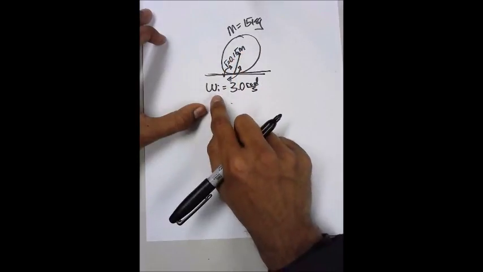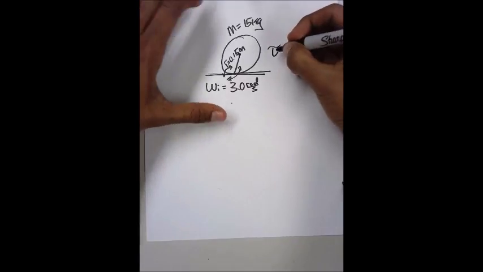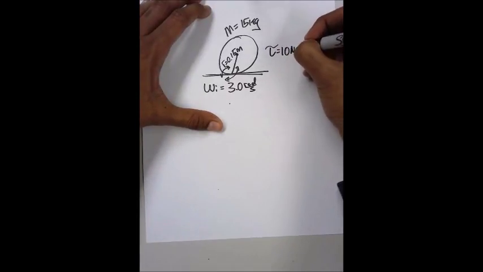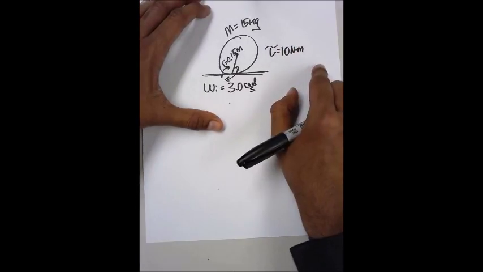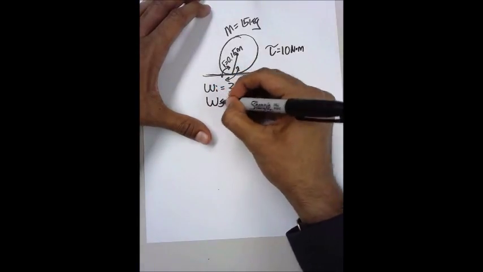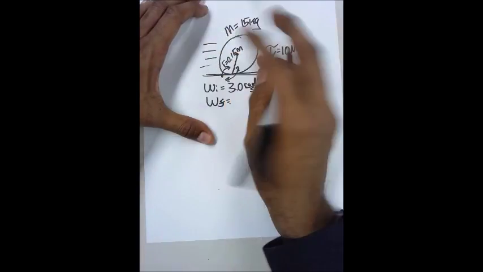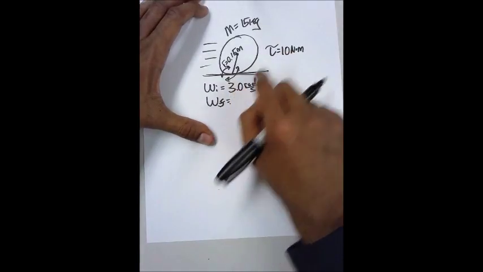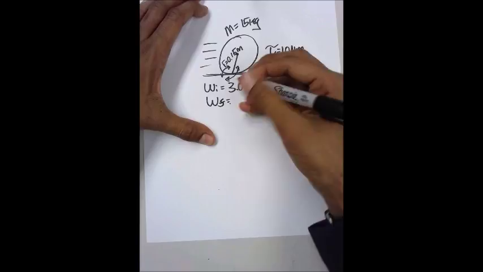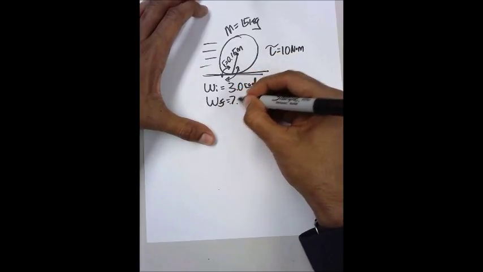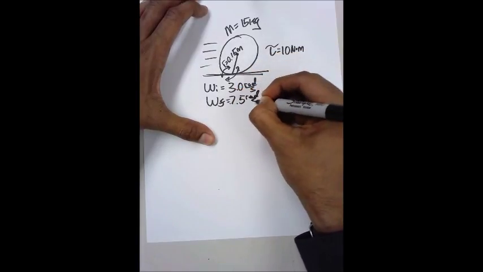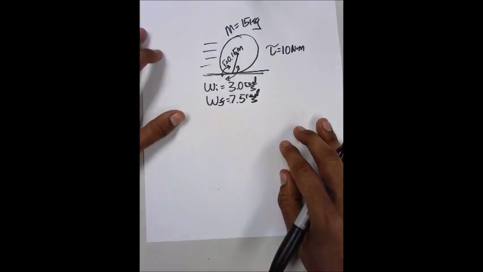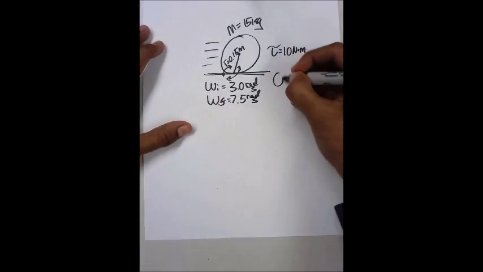A constant torque of 10 Newton meters then increases the rotational speed to 7.5 radians per second. So this little sphere is rotating, initially at an angular velocity of 3 radians per second, it encounters a torque of 10 Newton meters and speeds up to 7.5 radians per second. Now the question is, through what angle does the sphere rotate while accelerating?